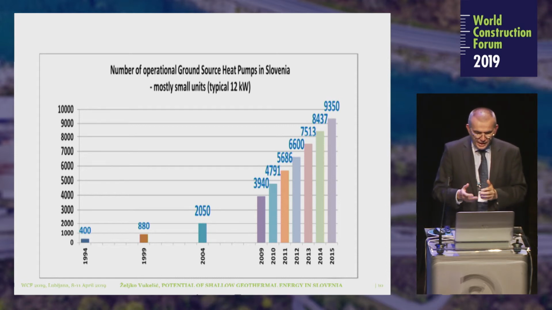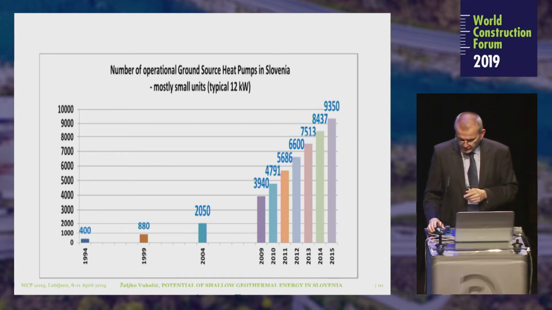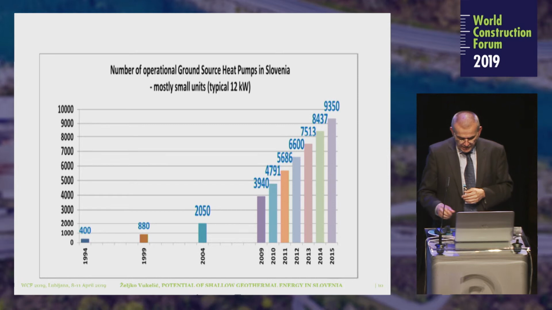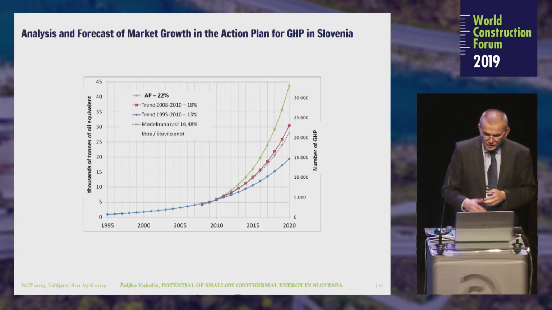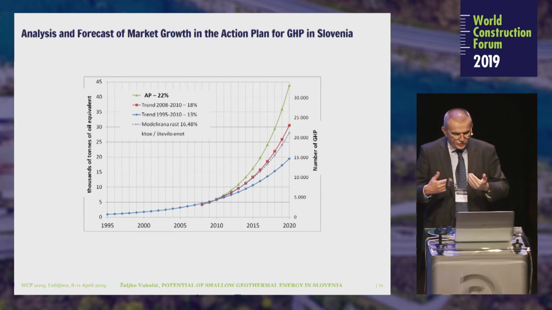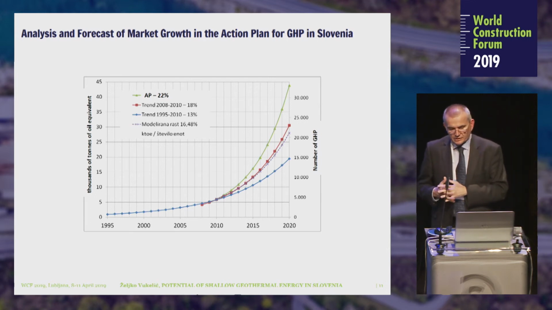And how many typical small units we installed in Slovenia, we were close to 10,000 in 2015. But when I show you the next slide, you will see that we are at 25 systems, more than 10,000.